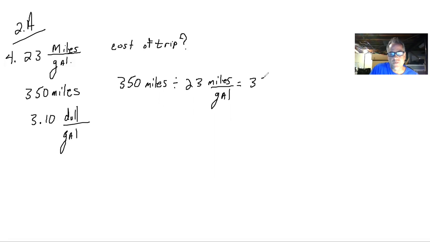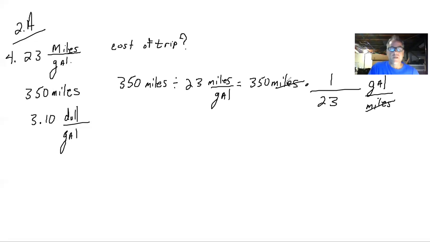I get 350 miles times 1 over 23. Everything flips, so the gallon is now on top and the miles are in the bottom. But notice that sets up the miles canceling out, and I'd be left just with gallons. So it's just a matter of doing the arithmetic.